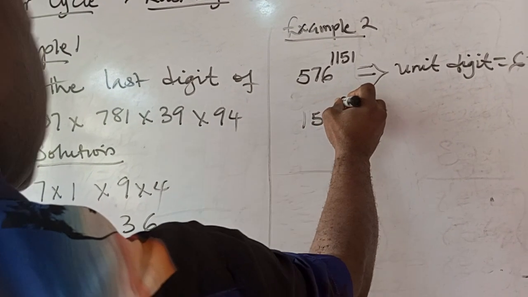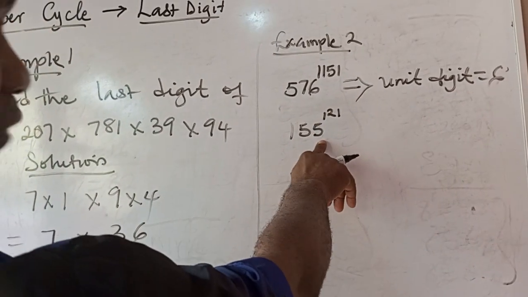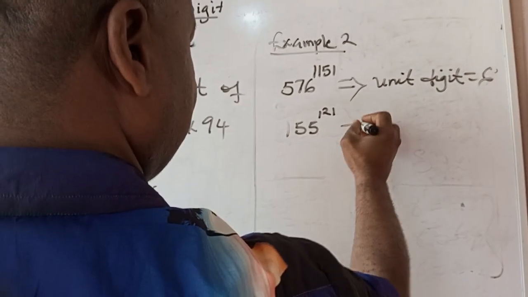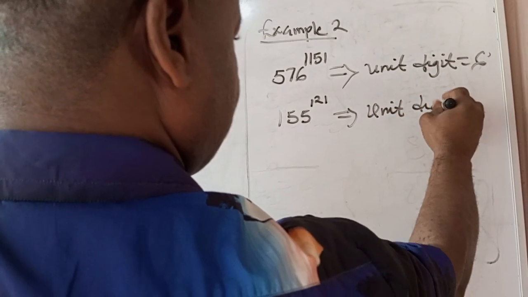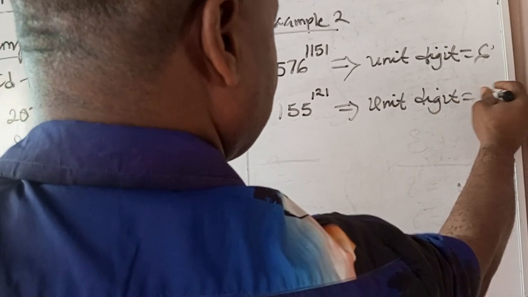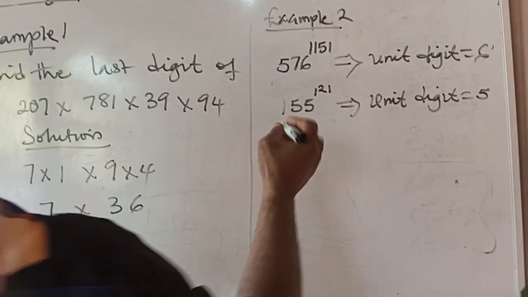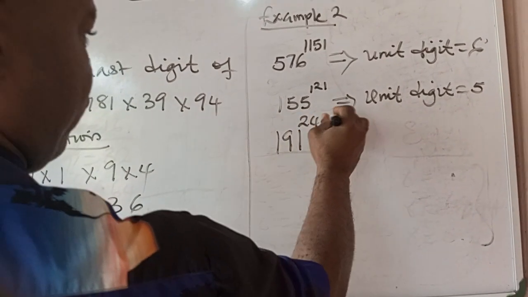Now let's look at another number, 155 to the power 121. Because in this case, the last digit here is 5, just like the last digit here was 6, the number remains. It implies that the unit digit will still be 5, because the last digit here is 5. Let's take a number like 191 to the power 244.